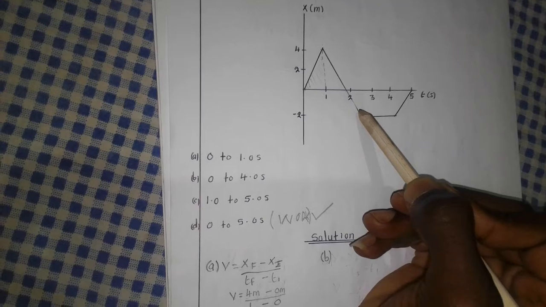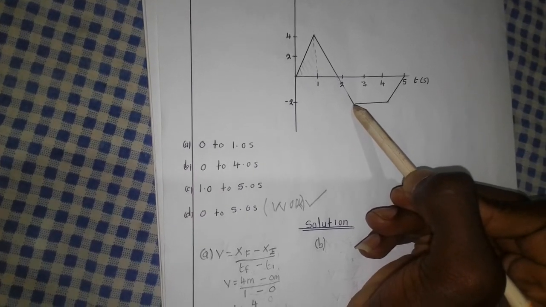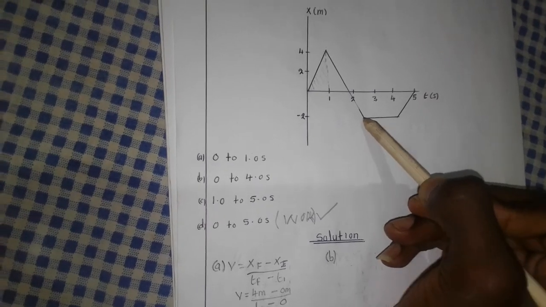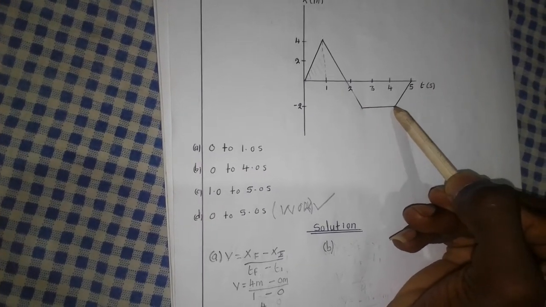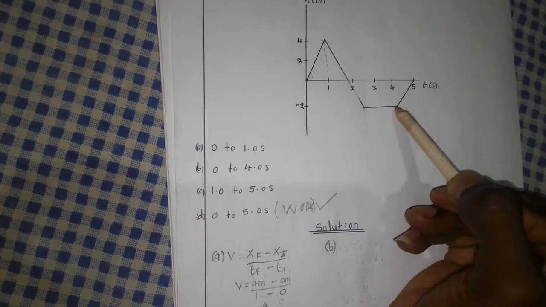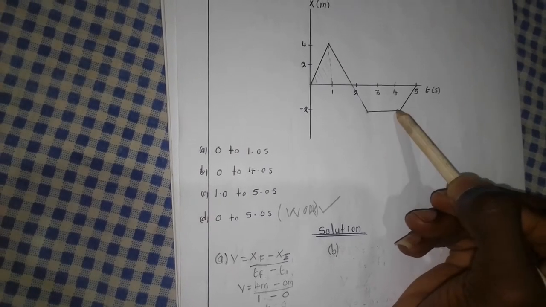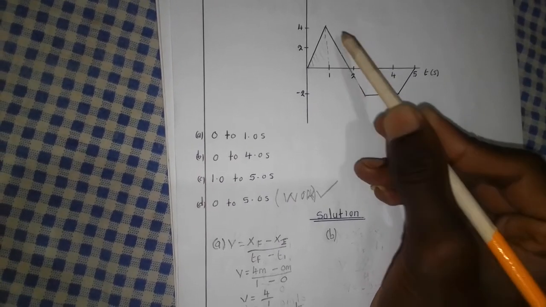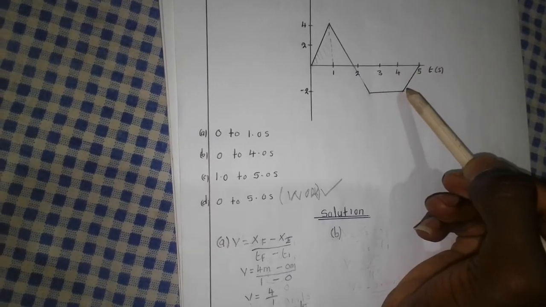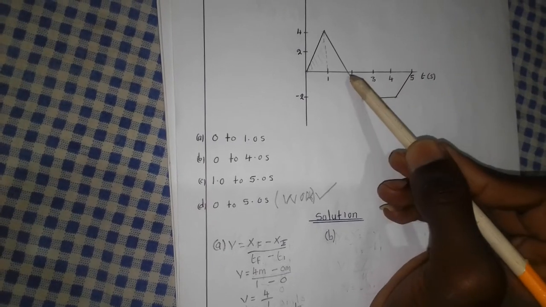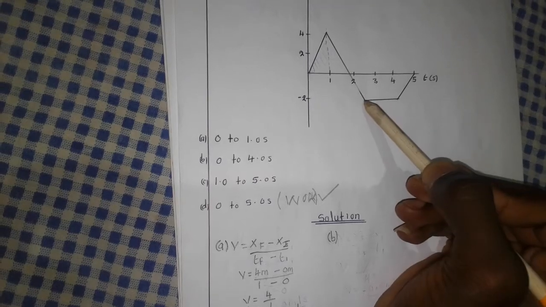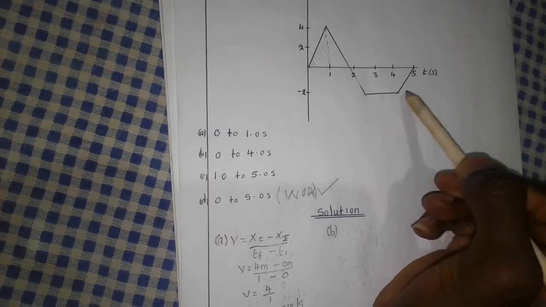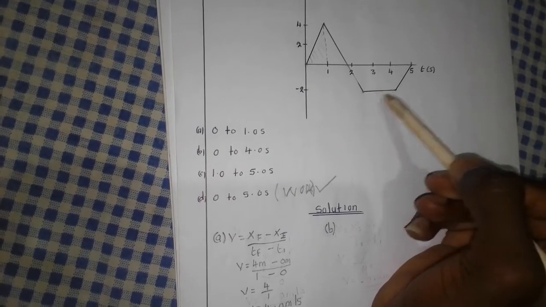Then we move to this distance, and since we're moving downwards, we have covered negative 2 meters. As we move to this particular side, the speed is constant, so we are not considering anything. So the distance moved from here up to where 4 is simply negative 2, because we are only considering from here to here. We can't consider this distance because this is 0 here. This is constant.